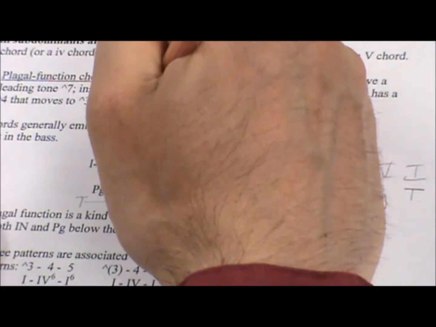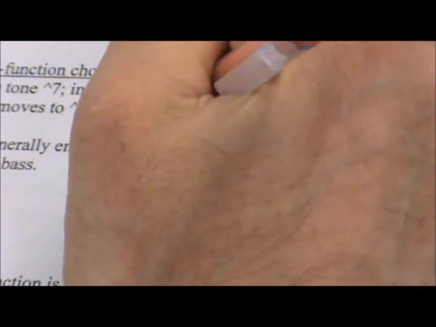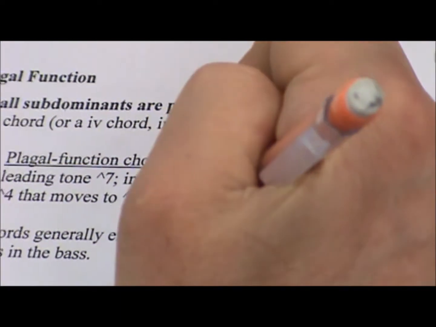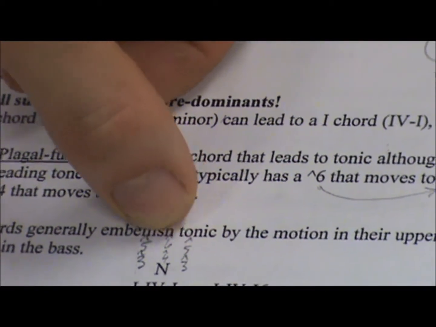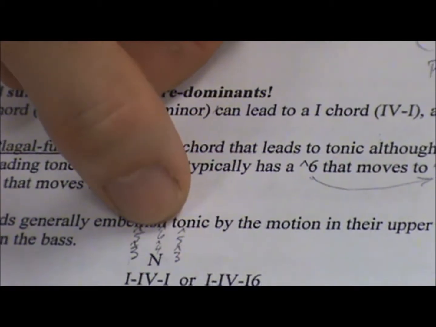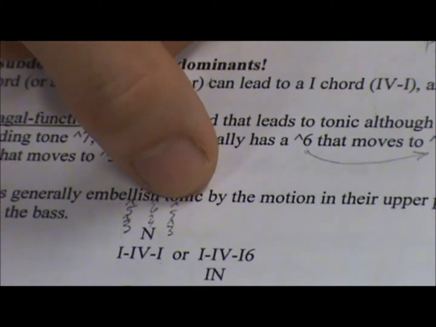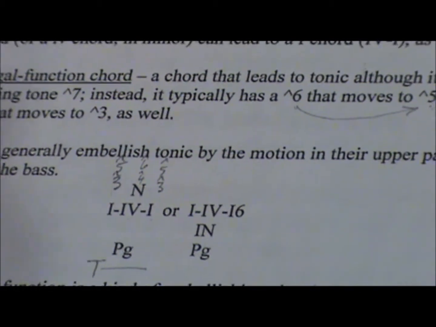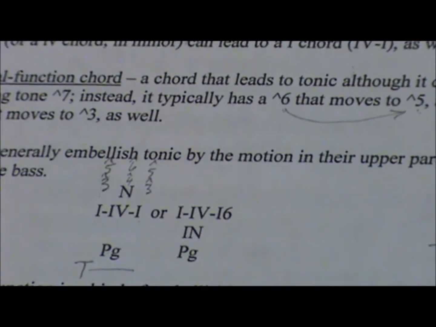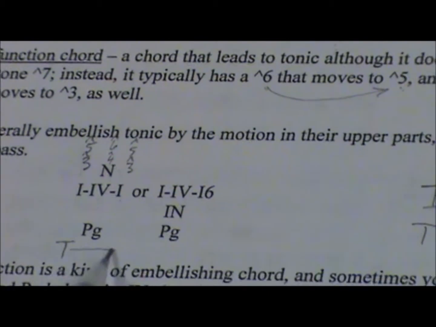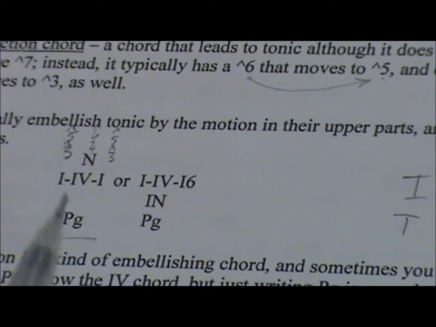You can return to them here when the tonic comes back, and if we add to the soprano line scale degree 6, it'll go 5, 6, 5, neighboring motion in that soprano part. In the alto, 3, 4, 3, that's neighboring motion as well. I can see that as embellishing the tonic through a Plagal chord.